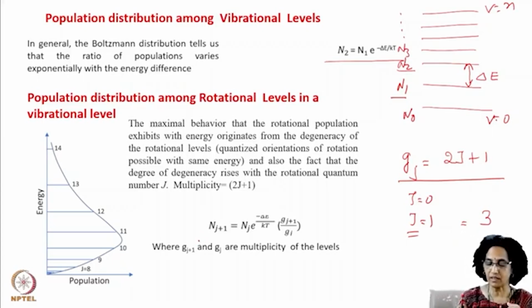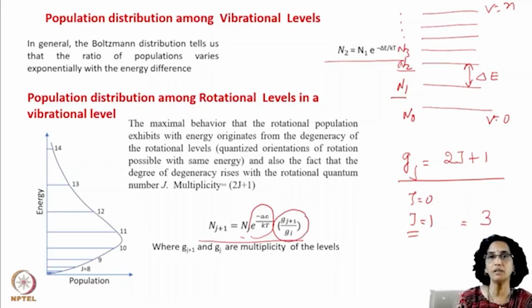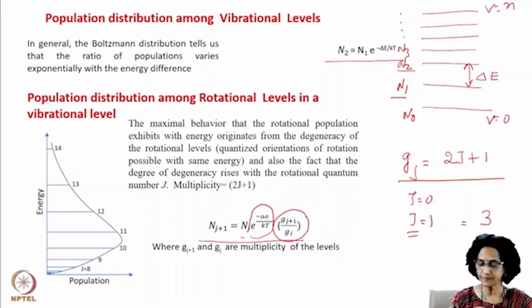So the population in any J level, for example J plus 1, in terms of J, has this factor, e to the power minus delta E by kT, which follows the Boltzmann distribution. And there is this additional factor which comes from the multiplicity or the degeneracy of rotational levels.